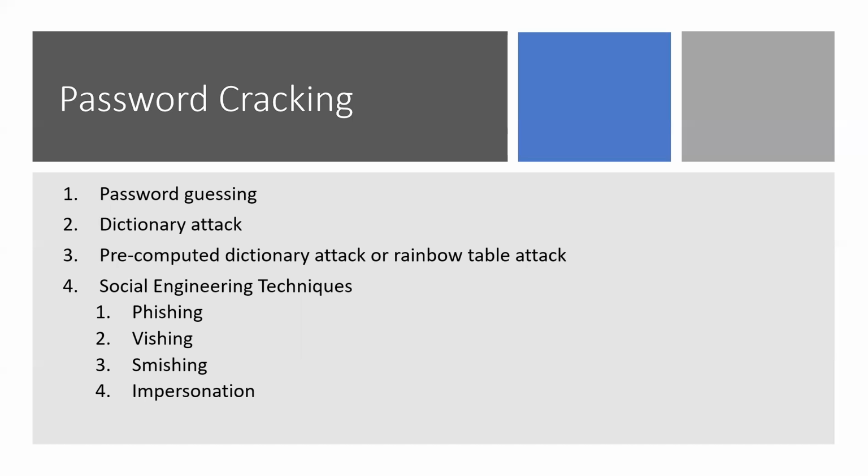We also have vishing, which stands for voice phishing. So it is associated with voice phone calls to gather private information for financial gain. So this is usually common in the scenario of hackers.